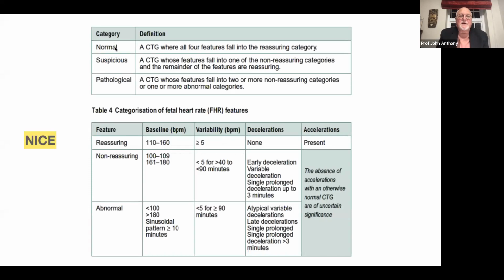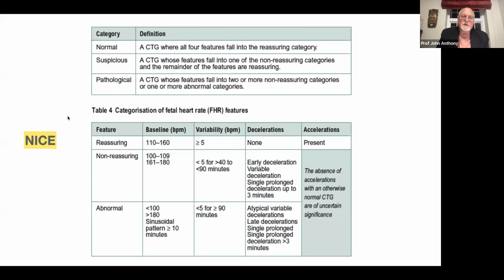Again, NICE guidelines are divided into normal, suspicious, and pathological. A suspicious tracing is one whose features include one of the non-reassuring categories from down here. And a pathological tracing is one that has two non-reassuring features or one abnormal feature.